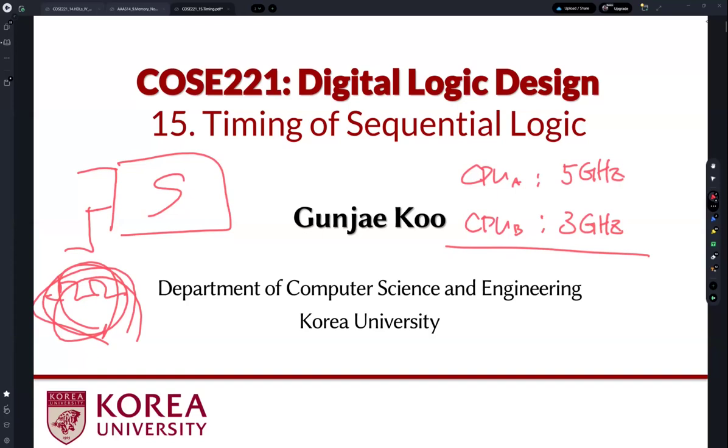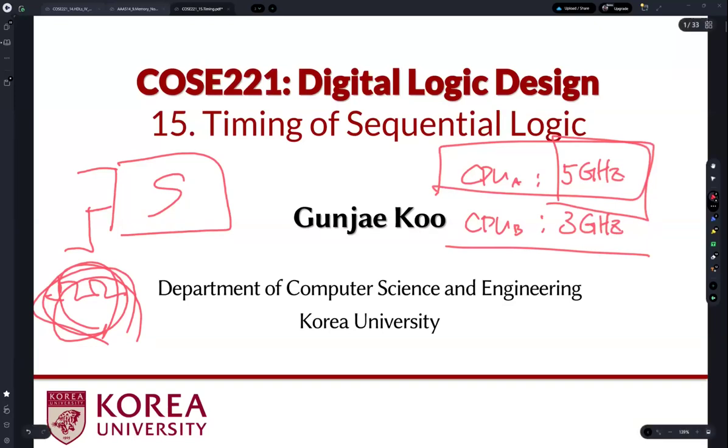But if the other factors are the same, then we can compare using clock frequency. CPU A has higher clock frequency, so its performance can be higher than CPU B. Usually the performance is proportional to the clock frequency.